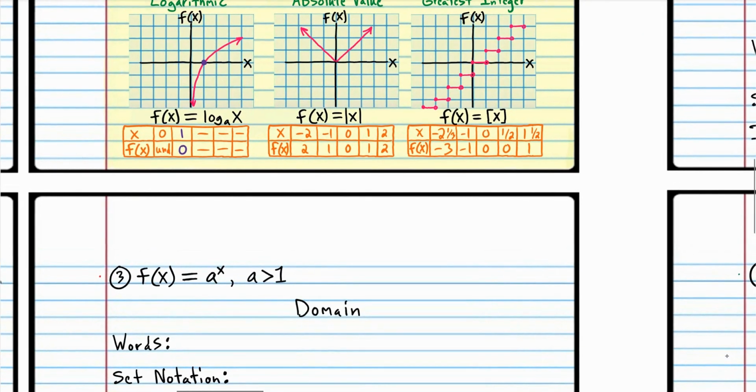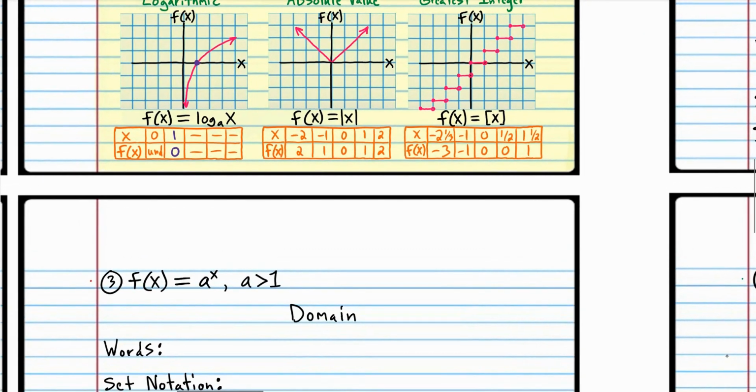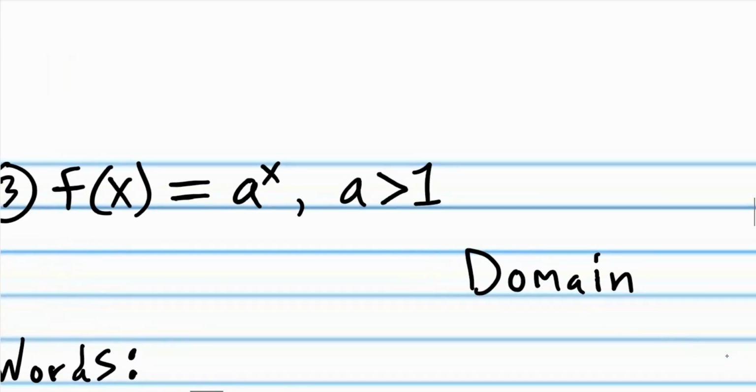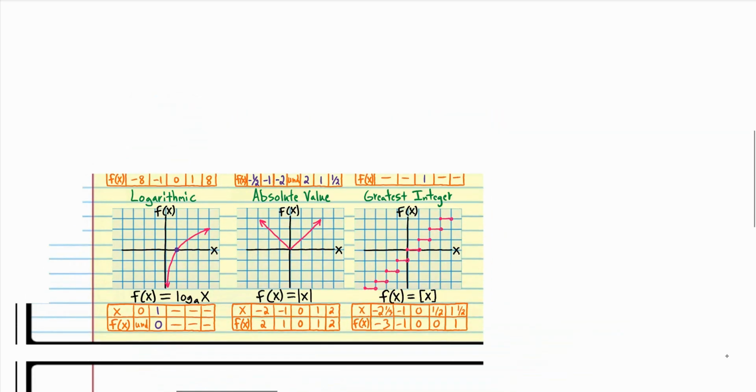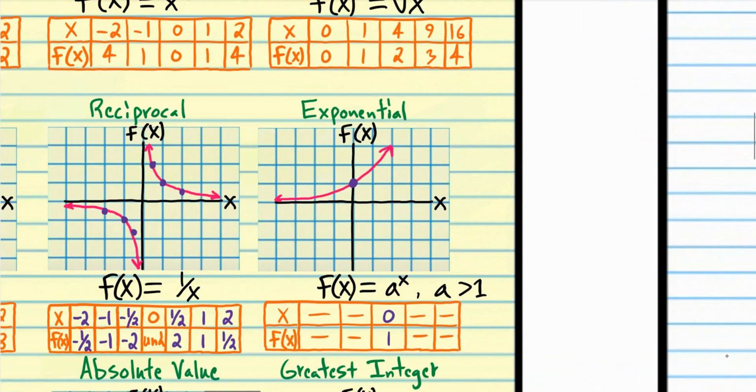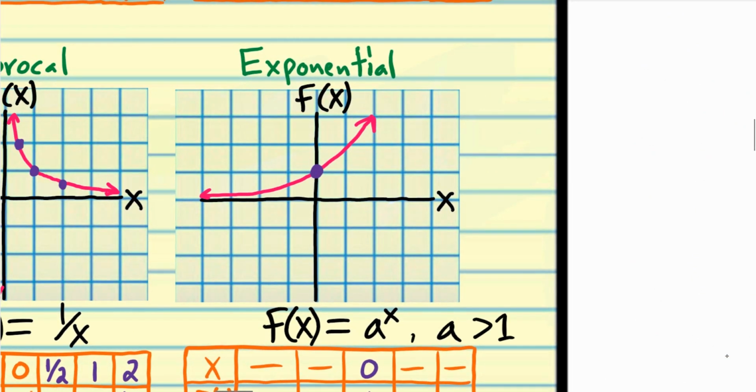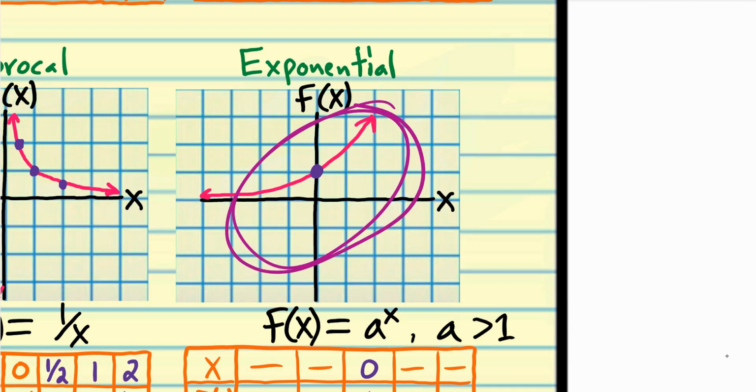The domain and range is going to be the same as long as the base is greater than 1. So let's look at the exponential graph here. And the reason that a has to be greater than 1 is that if it's 1 or anything less than 1, then the graph isn't going to look like this.